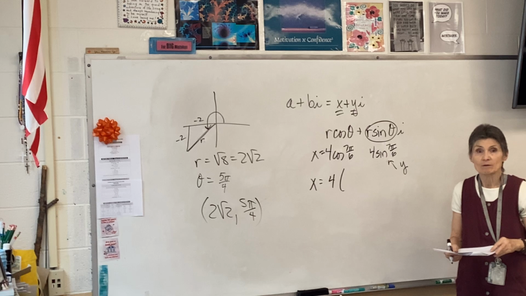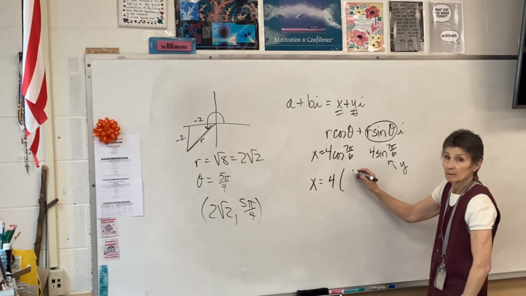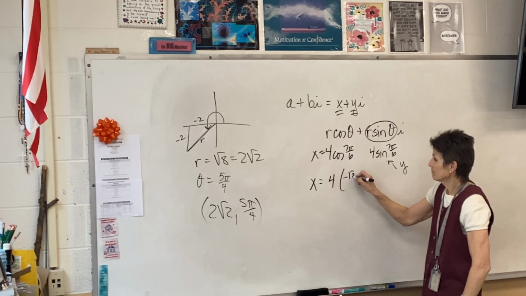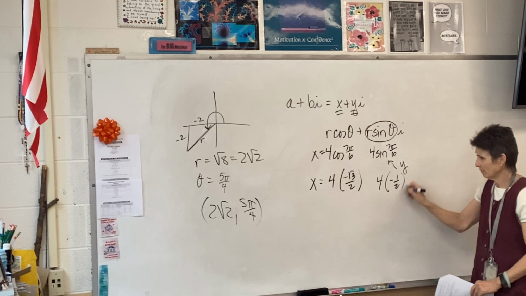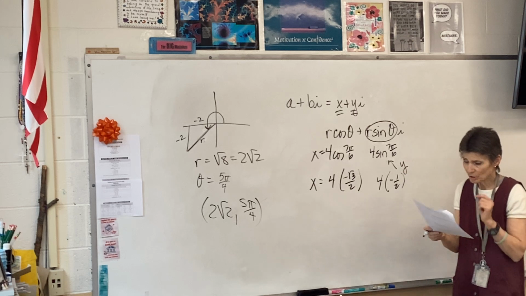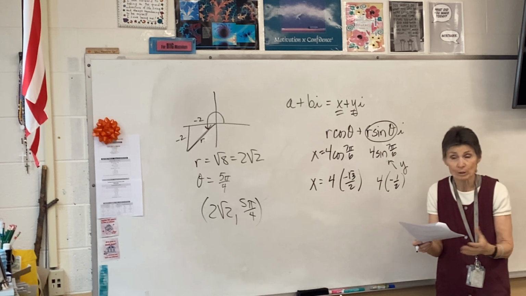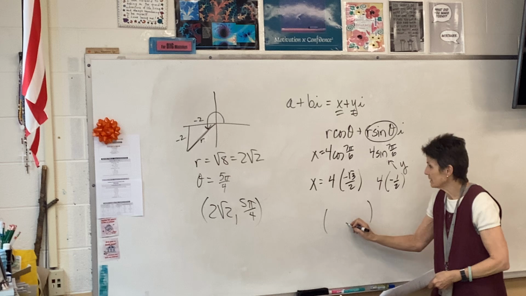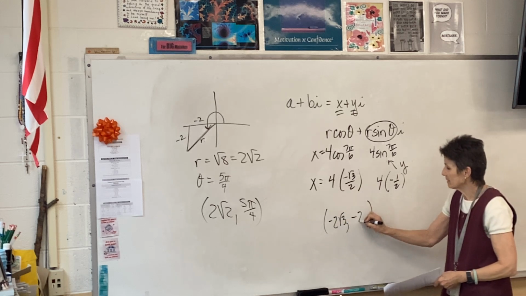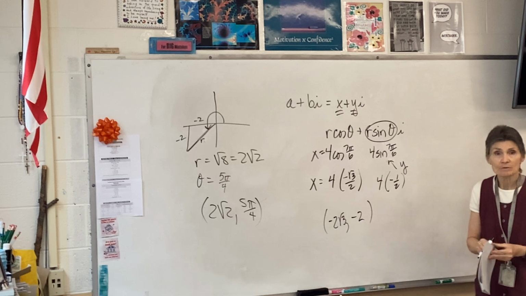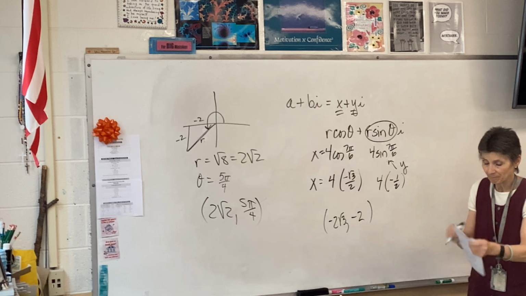Cosine 7 pi over 6 would be -√3 over 2. And sine is -1/2. So the directions say, express the number using its rectangular coordinates. Well, the coordinates would be -2√3 and -2. That's all there is to it. Switching back and forth is a breeze.